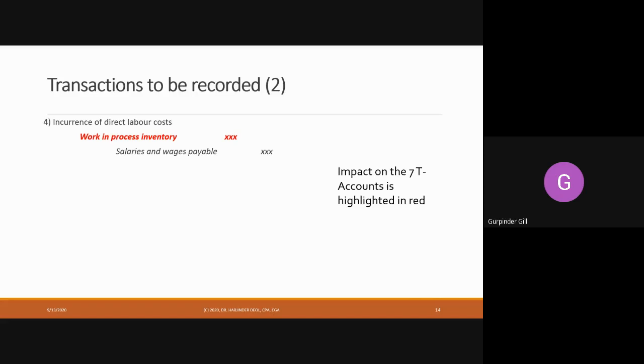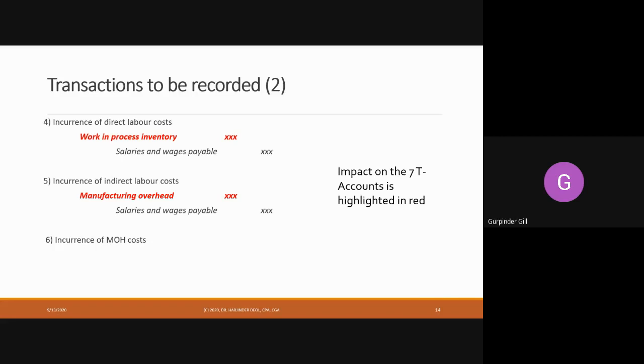If our labor cost is indirect in nature, then this will also go to the manufacturing overhead account, which is debited, and we are still crediting wages or salaries payable. So anything direct, direct material and direct labor, goes to your work in process inventory account. Your indirect labor and indirect material goes to your manufacturing overhead account.